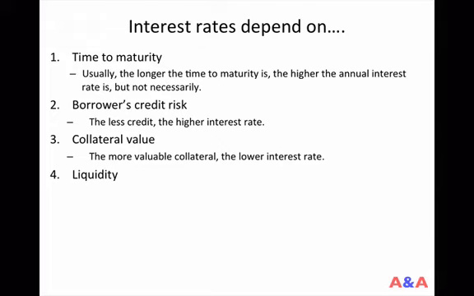Finally, liquidity matters to interest rates. The easier it is to resell the bond, the higher the bond price is, and hence the lower the implied interest rate is. Suppose you lend money with a 10-year contract, or equivalently, suppose you buy a bond which has a 10-year time to maturity. Originally, your investment plan had 10-year horizon, that's why you bought 10-year bond.